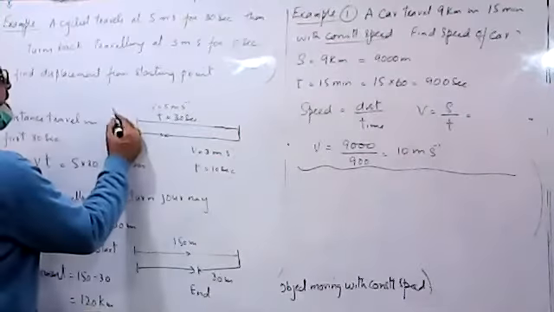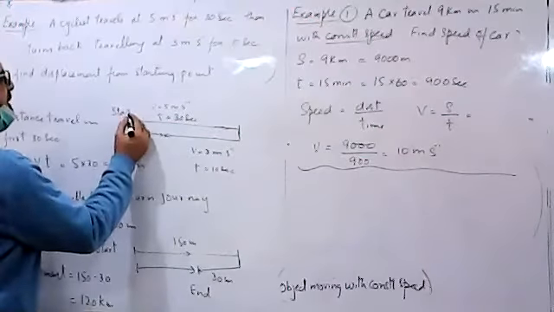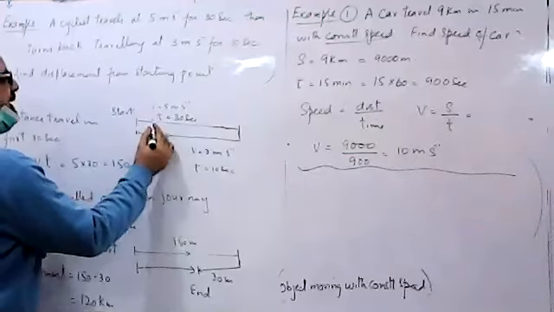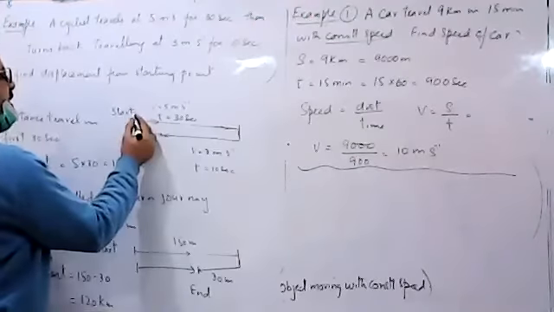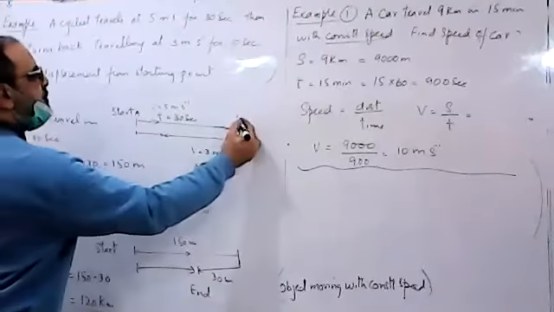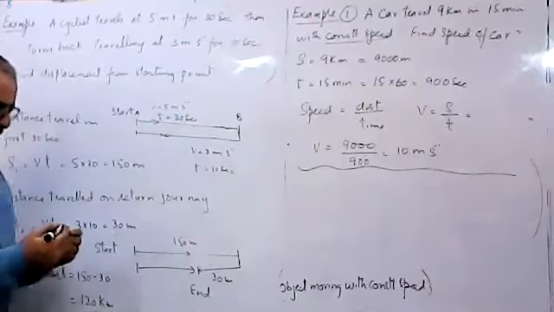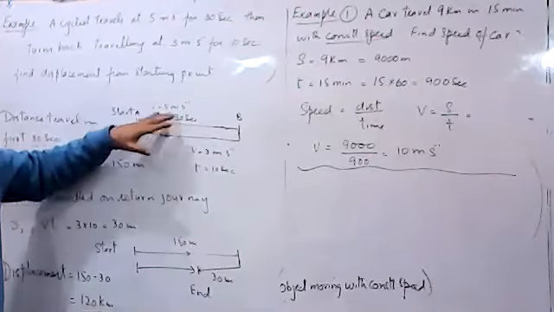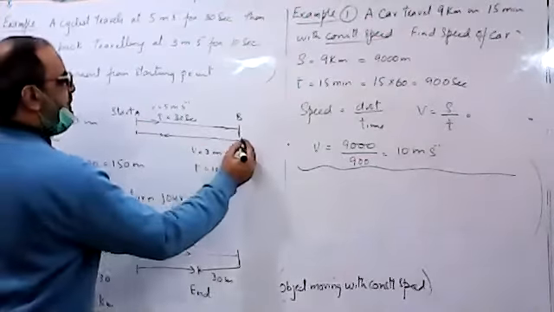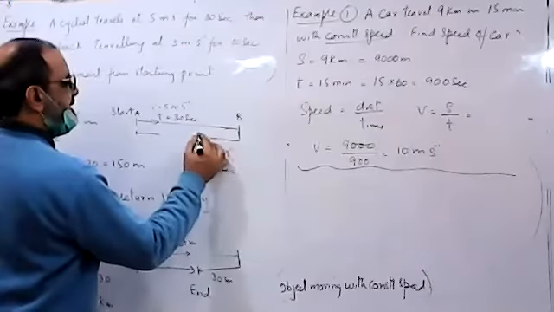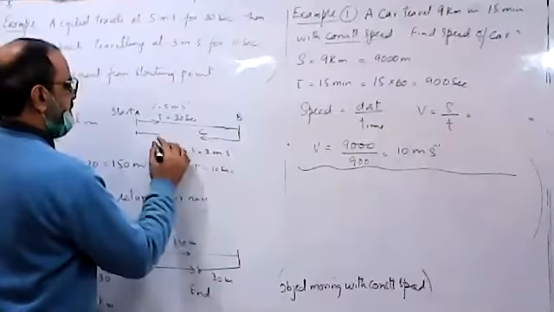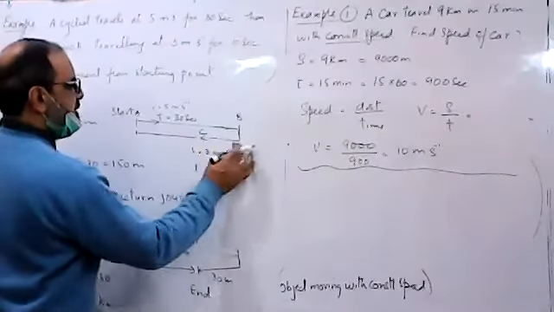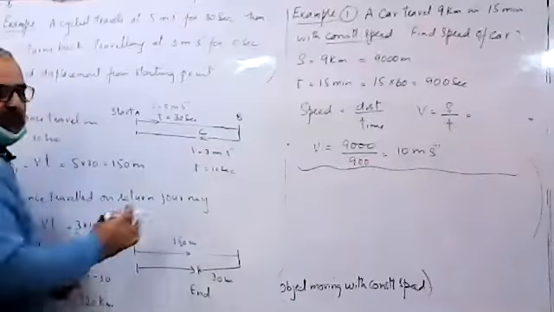So I said that I start from here traveling in this direction, say start from A to B, and during this journey I have a speed of 5, traveled for 30 seconds, then I return from B to a new position, say C, and during this motion speed was 3, time is 10 seconds.